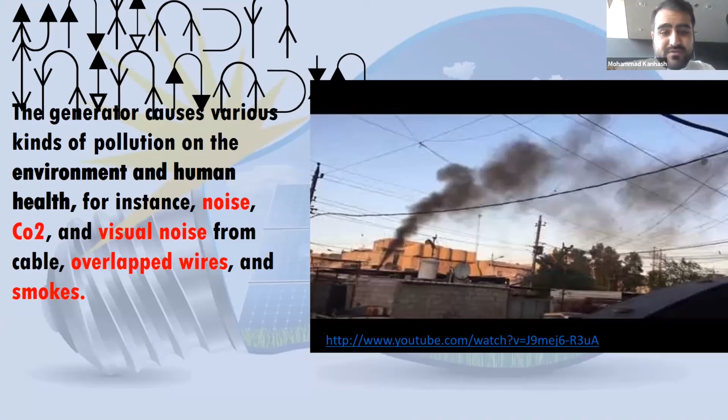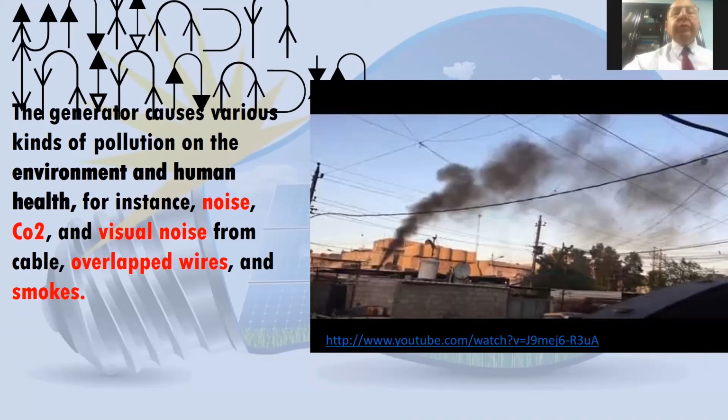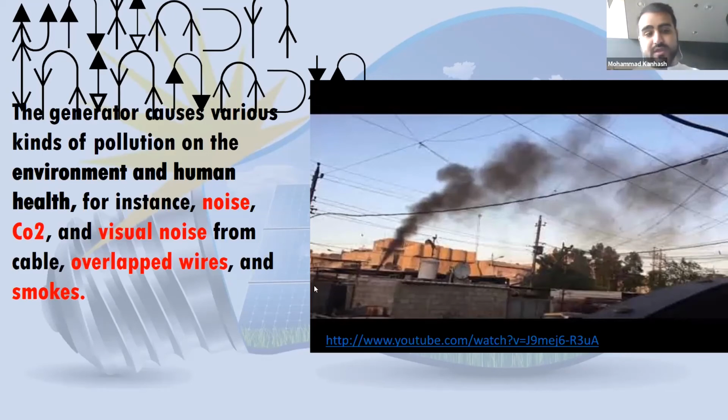We are talking about the smoke, which is very destructive in Iraq, the noise, it's very loud, and it costs a lot of money for the country as well. We are talking about oil and the cables, which always need to be repaired, and we lose many lives during this work, especially in summertime.